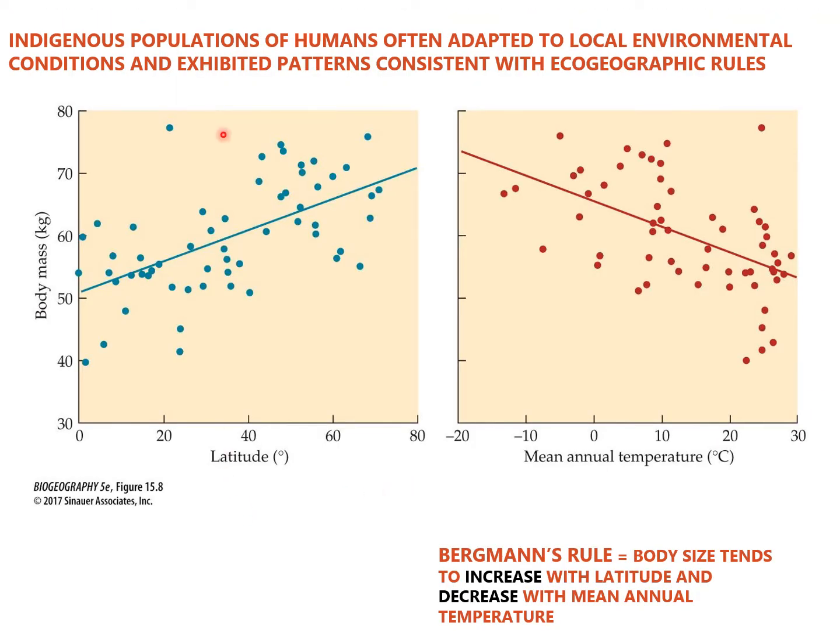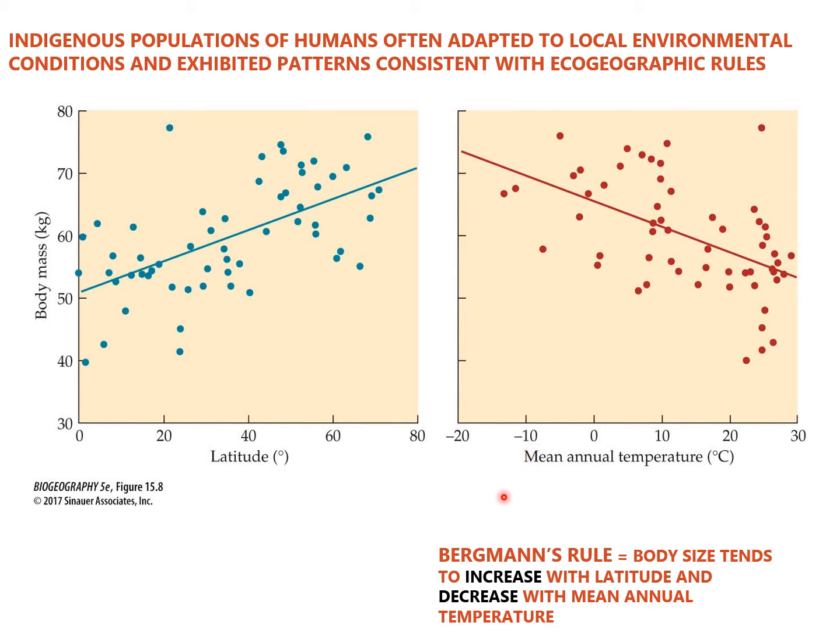That's just one example of how we impact the environment, but the environment also impacts us. One pattern is that indigenous populations of humans often adapt to local environmental conditions, and they exhibit patterns consistent with ecogeographic rules.